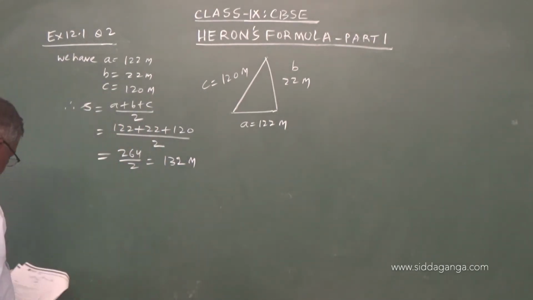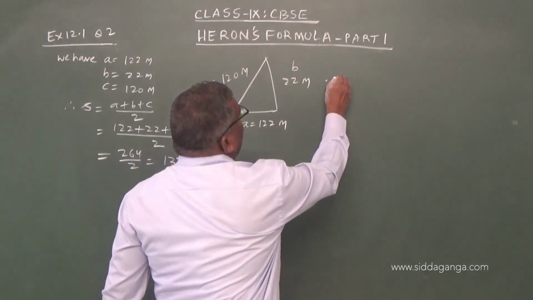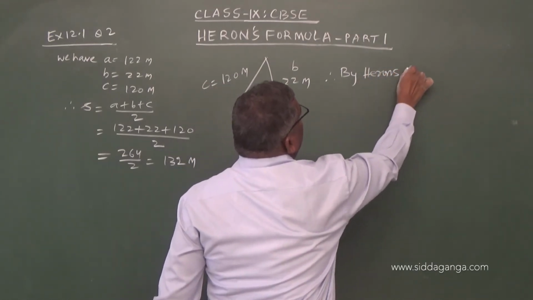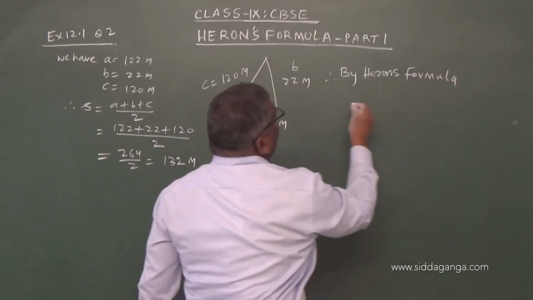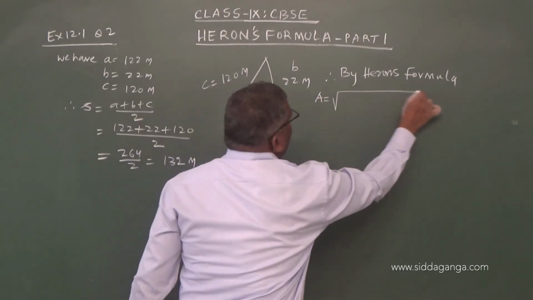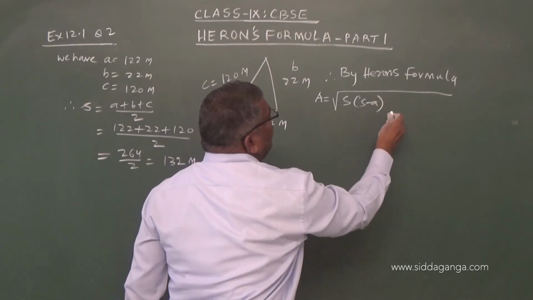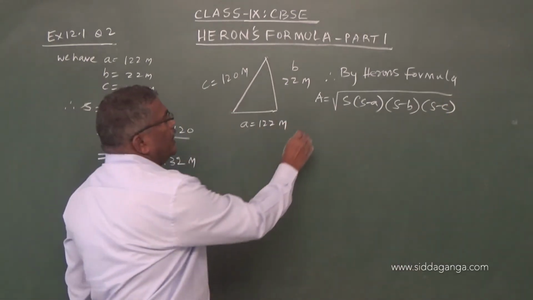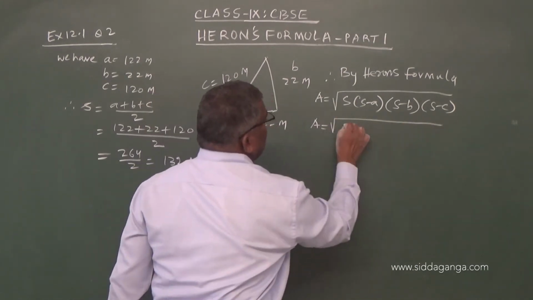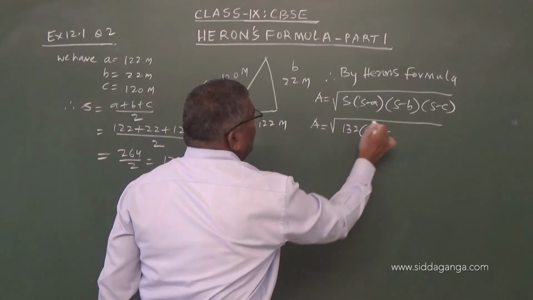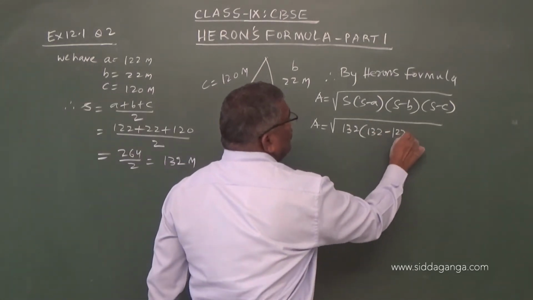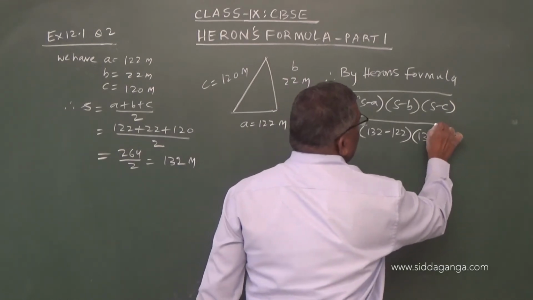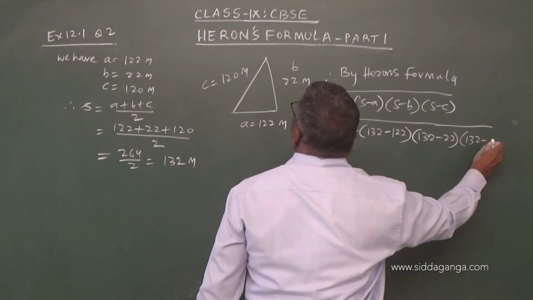Now, by Heron's formula, area is equal to square root of S into S minus A into S minus B into S minus C. So area is given by square root of S is 132, 132 minus A is 122, into 132 minus B is 22, into 132 minus 120.